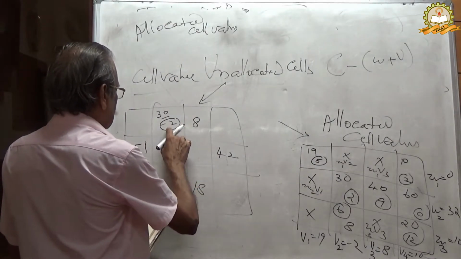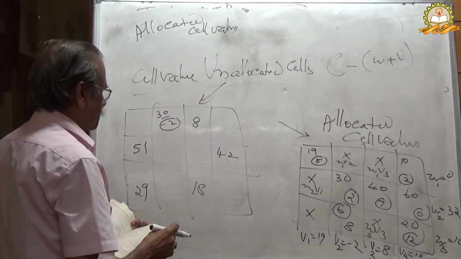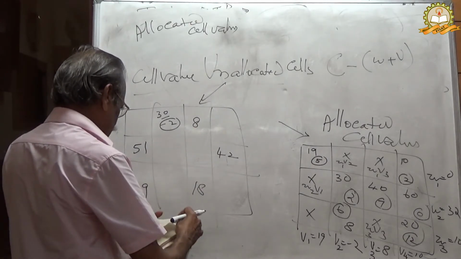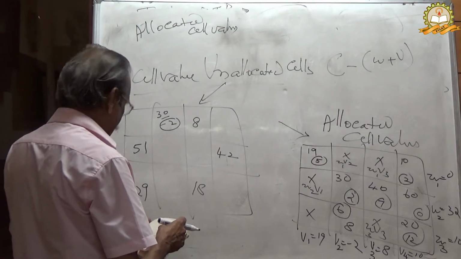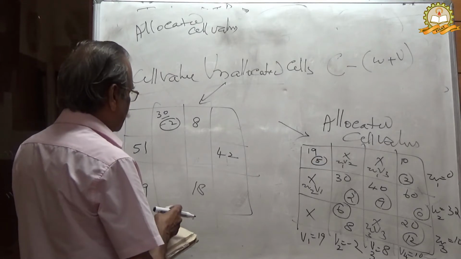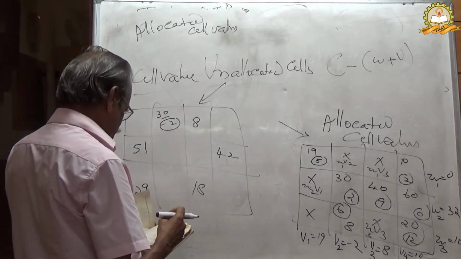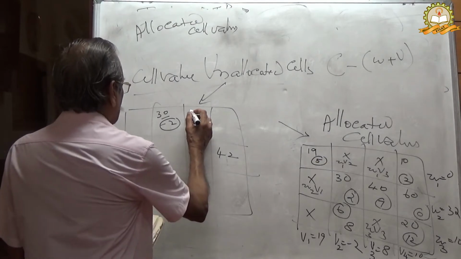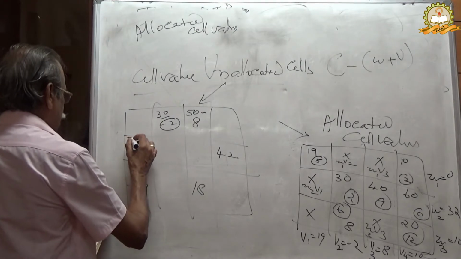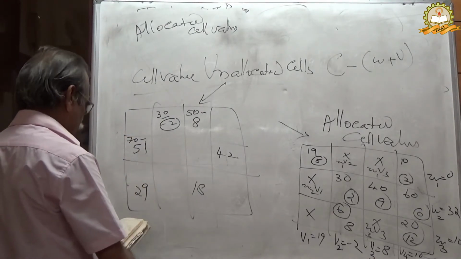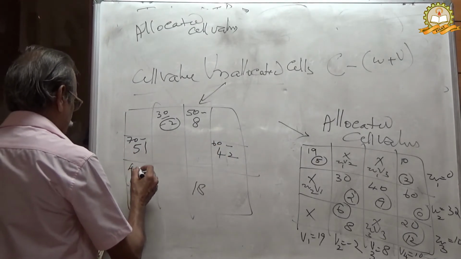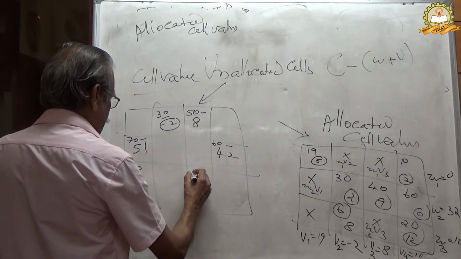Therefore, 30 minus of minus 2. Here it will be the original given value 50, 50 minus 8. Similarly, here it is 70 minus original, 60 minus 42, 40 minus 29, 70 minus 18.